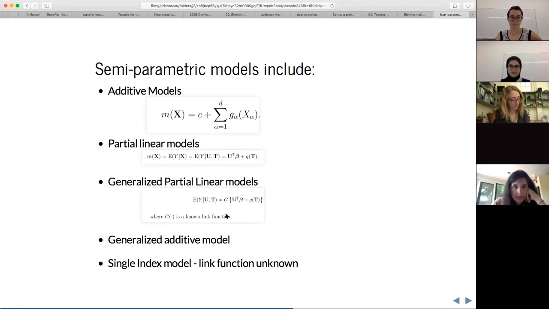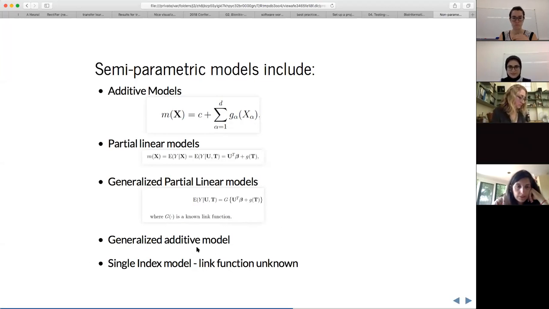For example, when you have a log link, you assume that the log of your expected value is U transpose beta plus g of T. So assuming some function of your mean can be modeled by a partial linear model. That's an equivalent way of saying that.